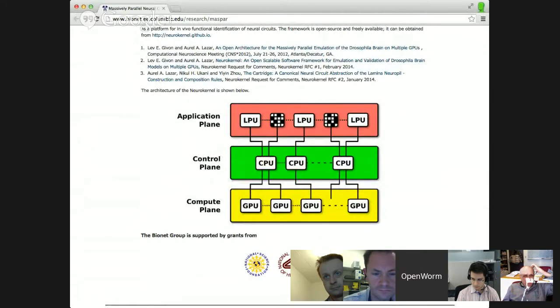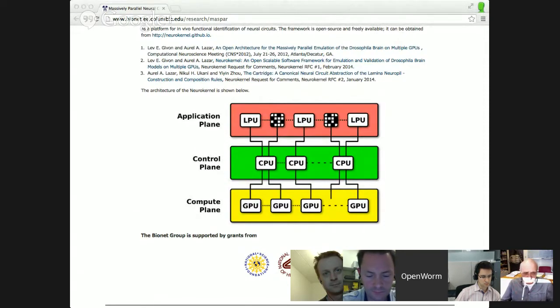The thinking here is that the CPU level essentially deals with compiling and the control of the whole system. And on the lowest level are the GPUs, and the GPUs communicate directly. This is not what they were designed for, but this is where the technology is evolving.